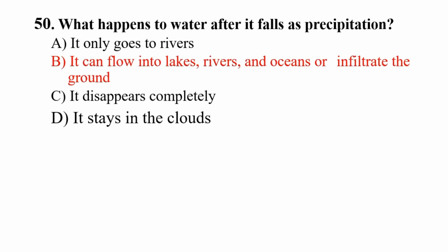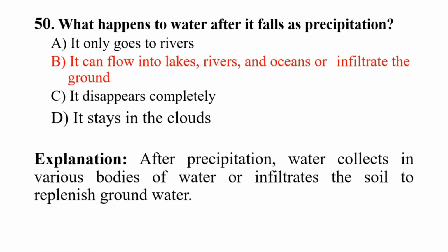The answer will be it can flow into lakes, rivers, and oceans or infiltrate the ground. After precipitation, water collects in various bodies of water or infiltrates the soil to replenish groundwater.